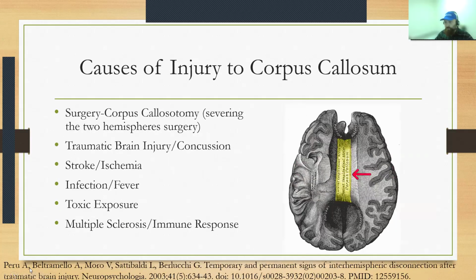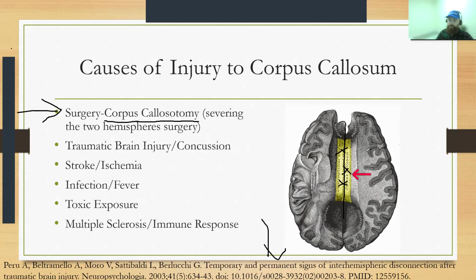So what happens if the corpus callosum gets injured? This is another interesting subject. How does the corpus callosum get injured? There is a surgery, or I don't know if it's still practiced today, but there was a surgery called the corpus callostomy, which is taking this word and adding the Latin suffix to separate or to incise. If my memory is correct, severing this, they thought it would prevent or treat seizures.